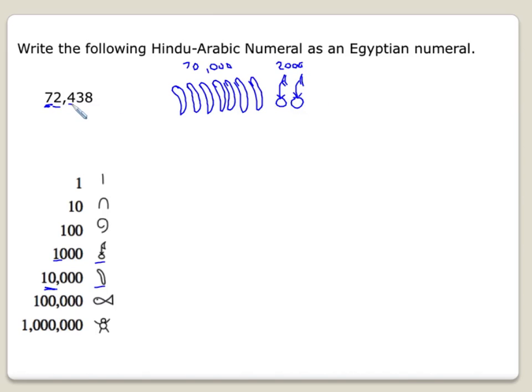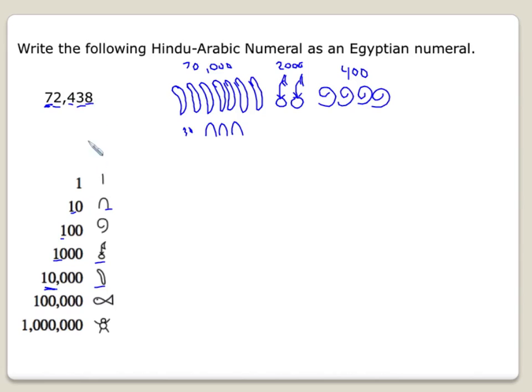Then we have 400. So we need 4 coils of rope. So there's our 400. And then 30. So that means we need 3 heel bones. I'm just going to move these down here. So there's our 30.